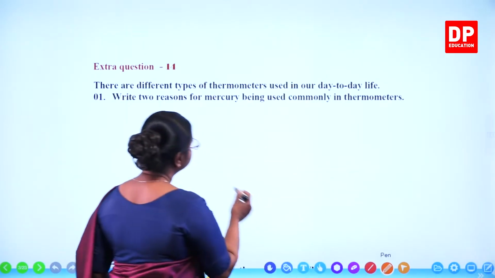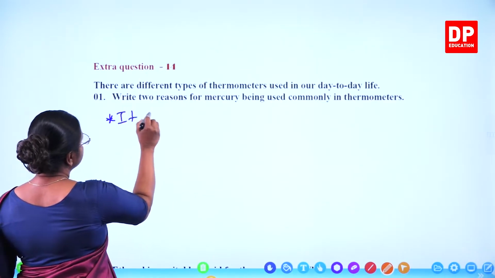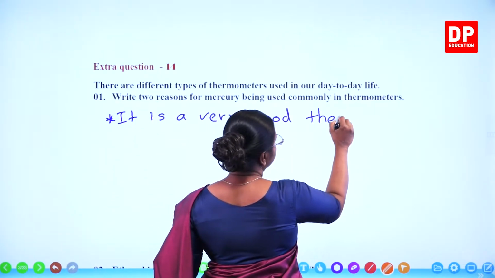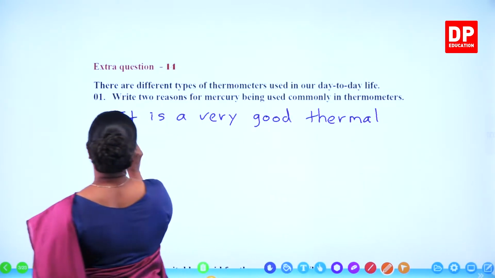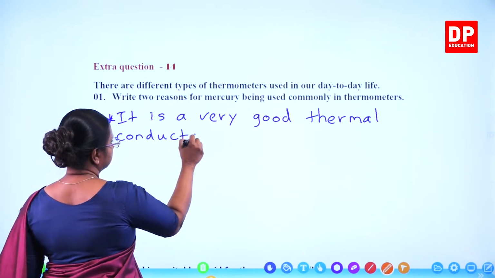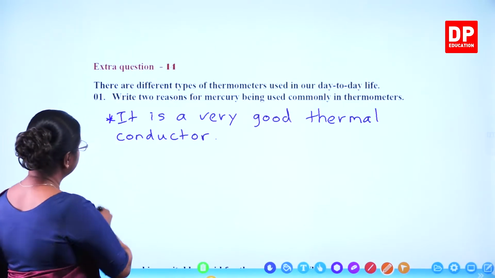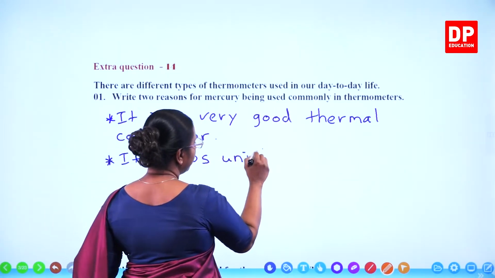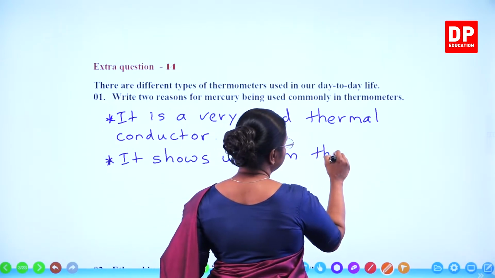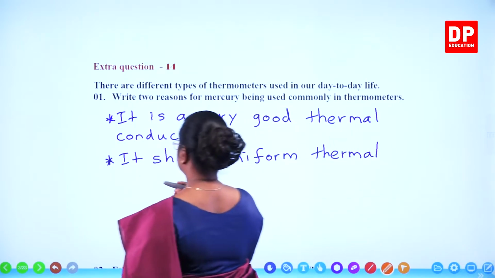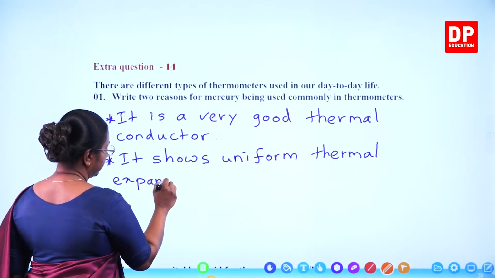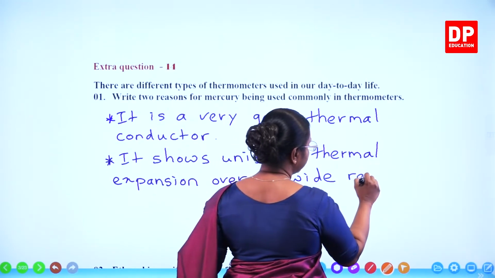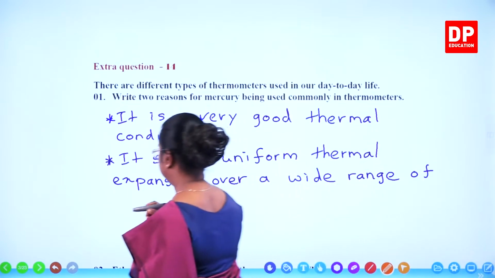So I will write, it is a very good thermal conductor, or you can say it is a good conductor of heat, and you can say it shows uniform thermal expansion over a wide range of temperature.